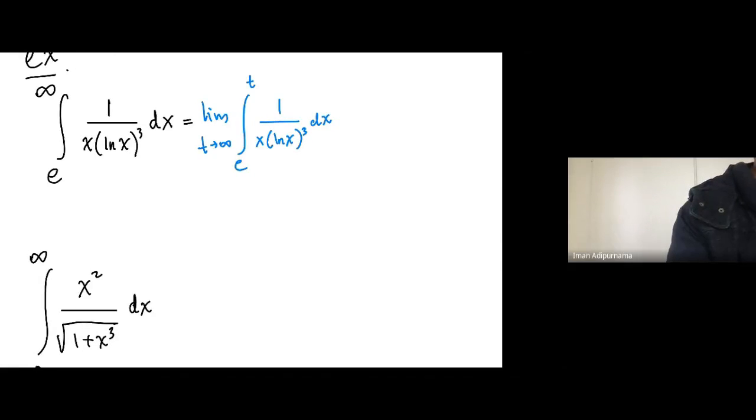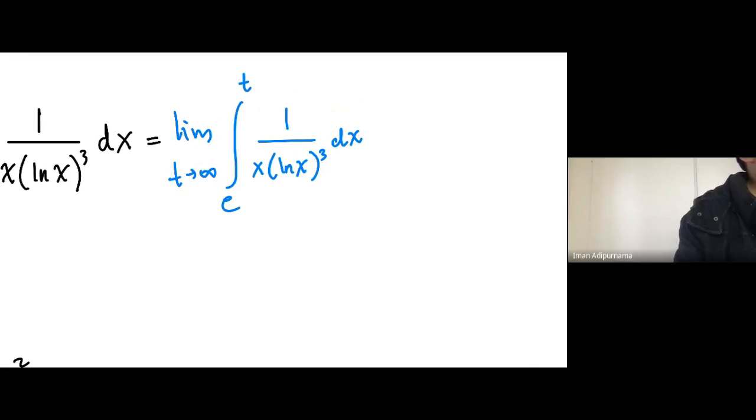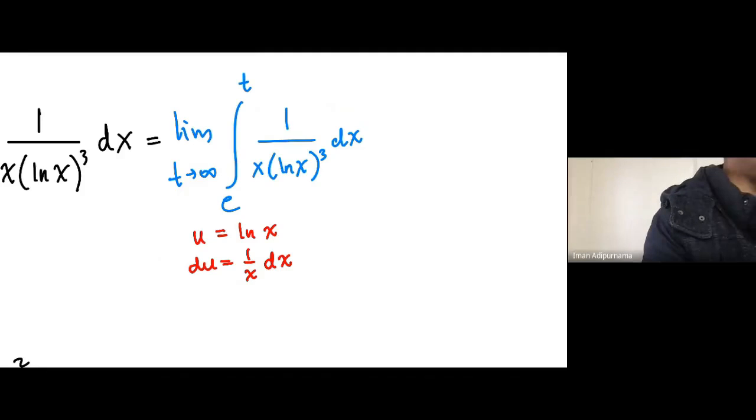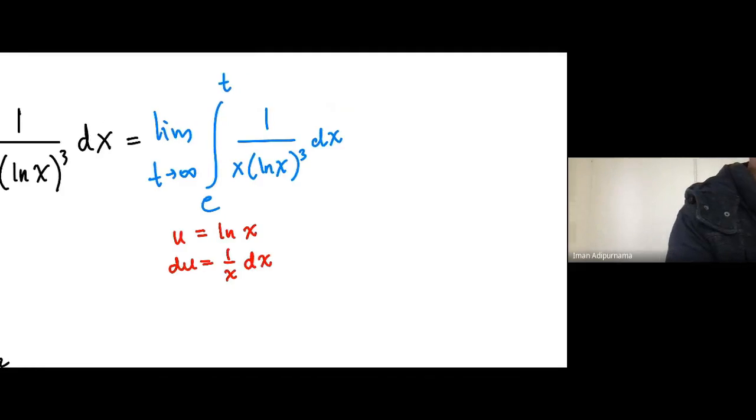And you see, this is a substitution problem, right? You can use this substitution: u is ln x, and by doing so, you can cancel the 1 over x in the equation.